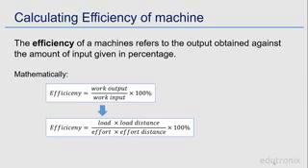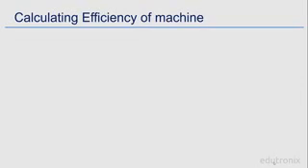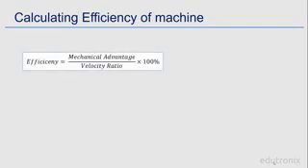We also know that the work input measures the force applied by the distance traveled by the force. So our mathematical expression can be expanded as seen here. Another way by which we can measure the efficiency of a machine is to divide the mechanical advantage by the velocity ratio and multiply it by 100%. Take note of these formulas very carefully.